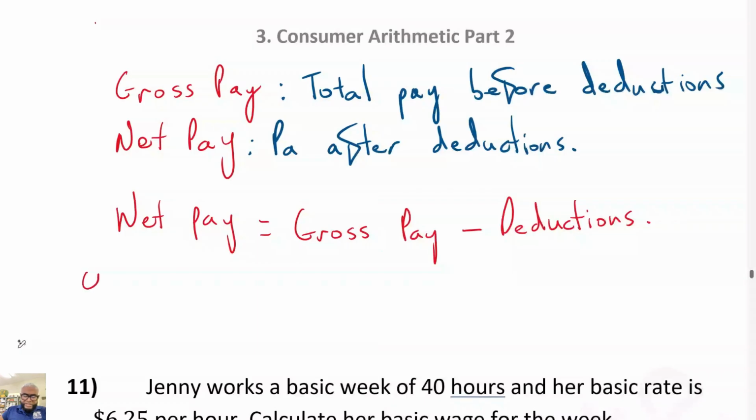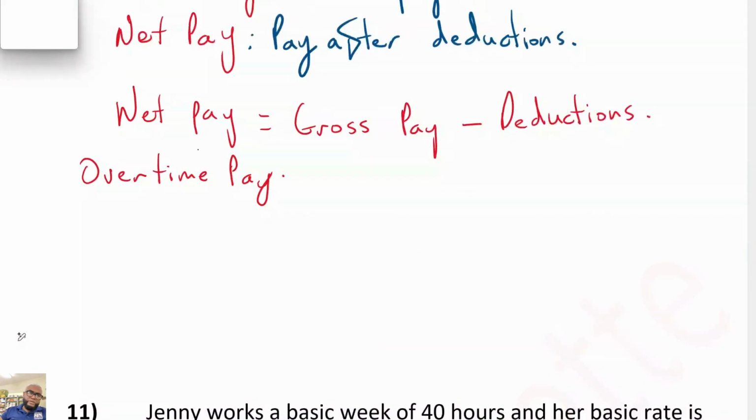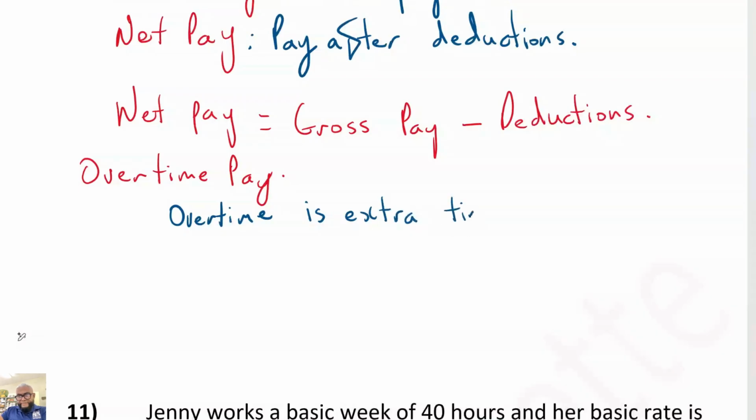Then we go and jump into something called overtime. Right, so overtime is extra time worked.